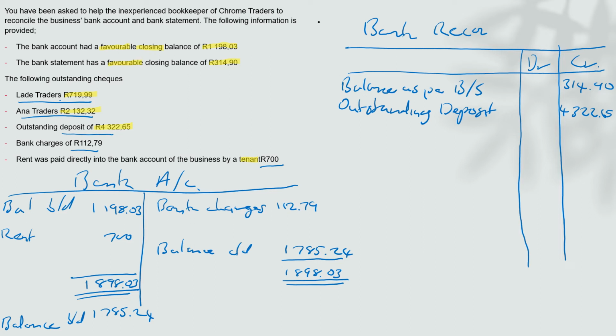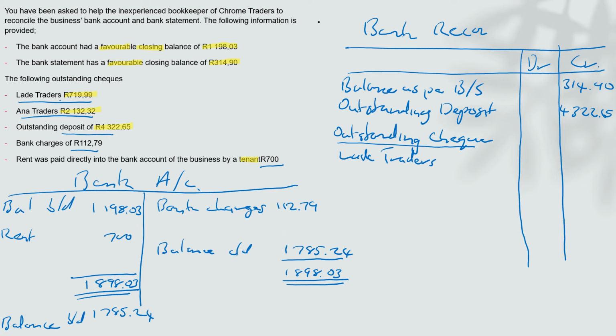Then outstanding checks. We've got Late Traders. Sometimes instead of writing who the check is going to, they write the check number, which is even better, because if you write 10 checks to Late Traders, you know which is the correct check.